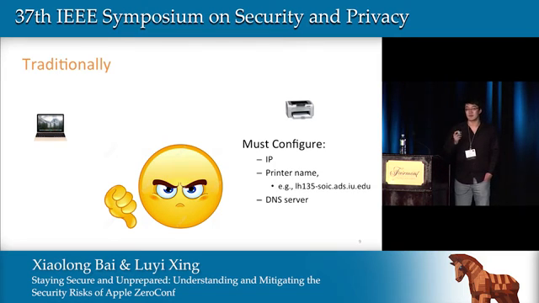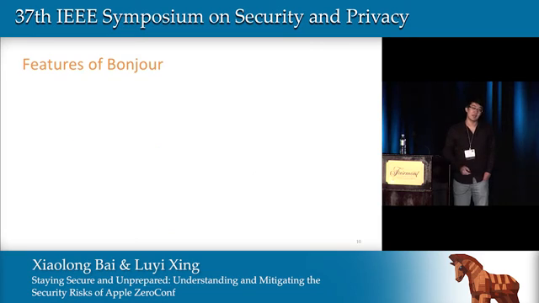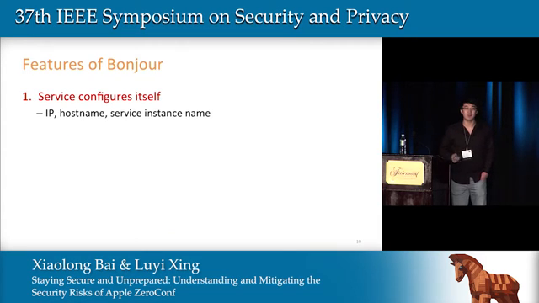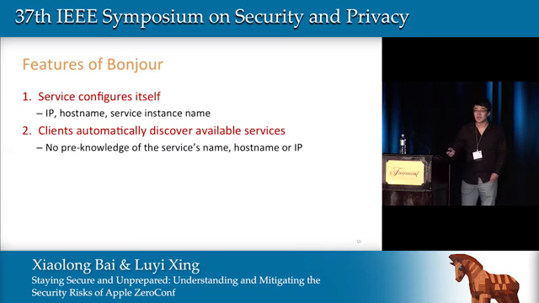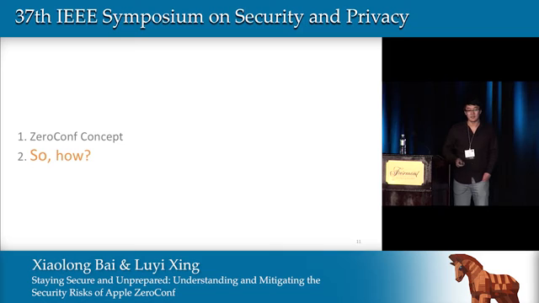But in terms of usability, we don't like configuration. We want everything to be automatic. So we have Bonjour. We want a service to configure itself automatically. We want your printer to configure its own IP, hostname. We want the client to be able to automatically discover the services that are available without any pre-knowledge.